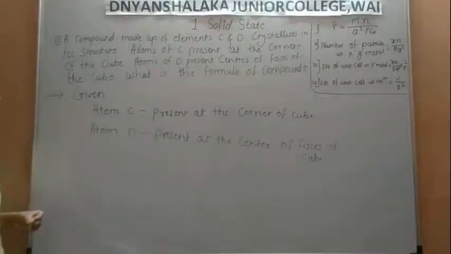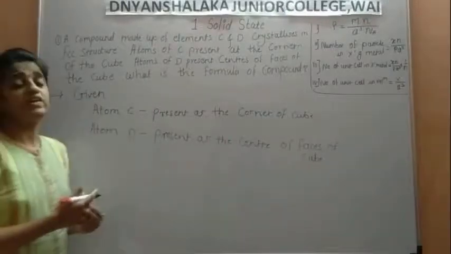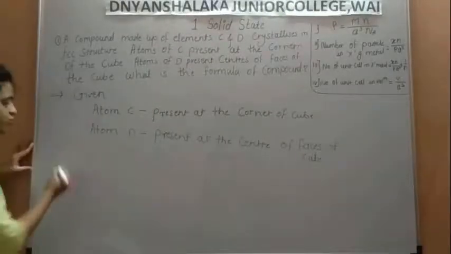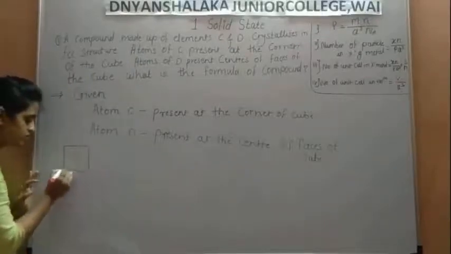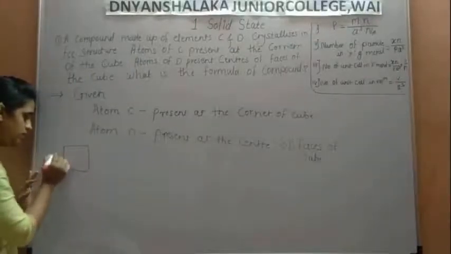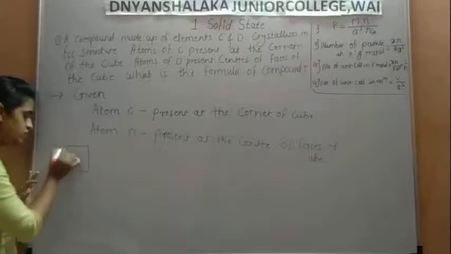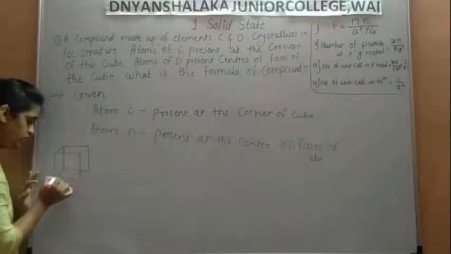We study different types of crystal structure. A simple cube structure means this diagram of a unit cell. So this is a cube.